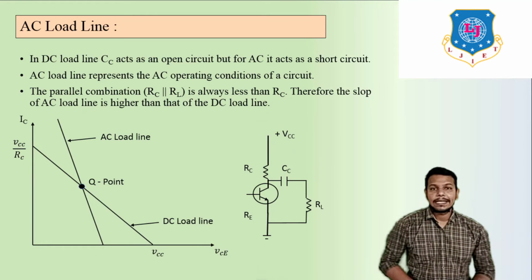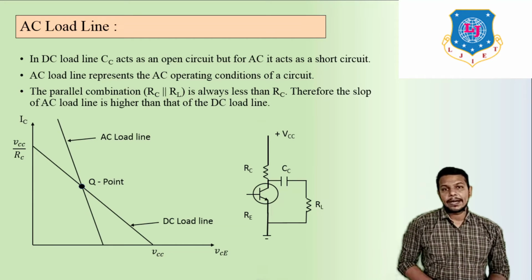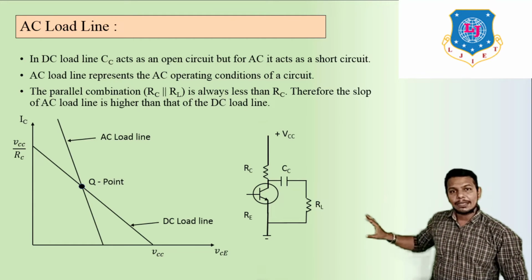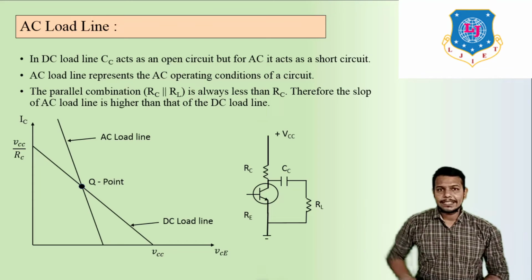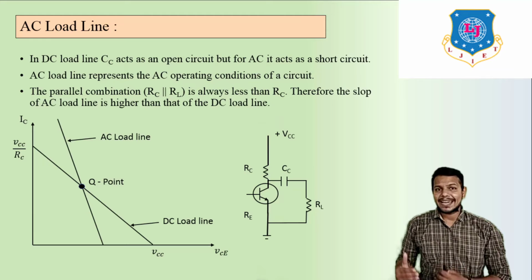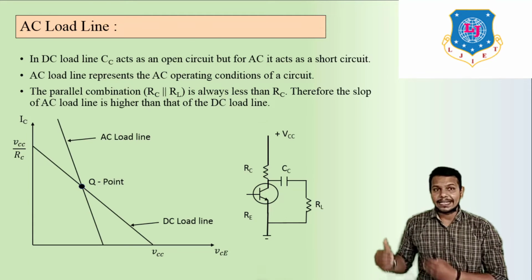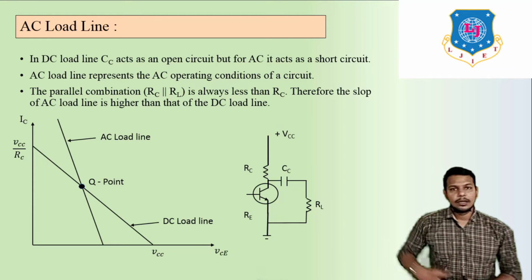Now the next one is AC load line. We have discussed the DC load line earlier, and the AC load line is similar. For the DC load line, CC, that means the collector capacitance, acts as an open circuit, but for AC it acts as a short circuit.